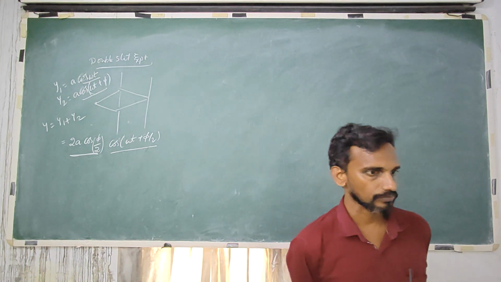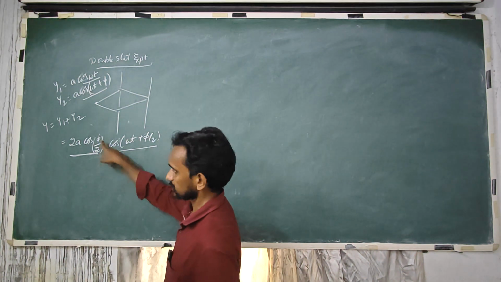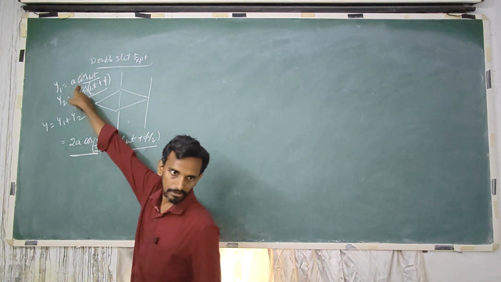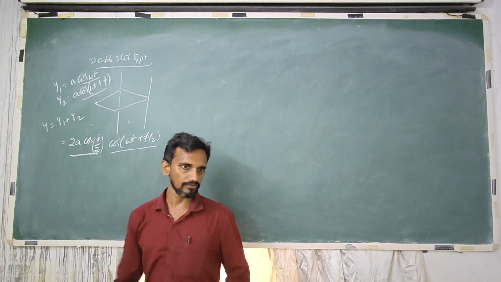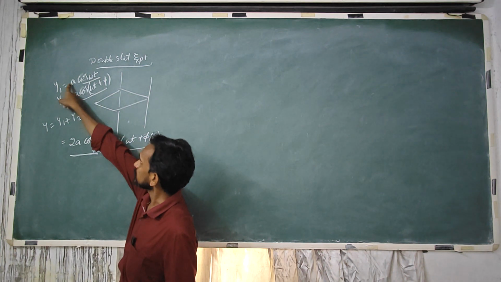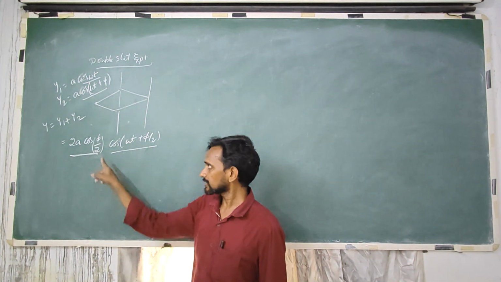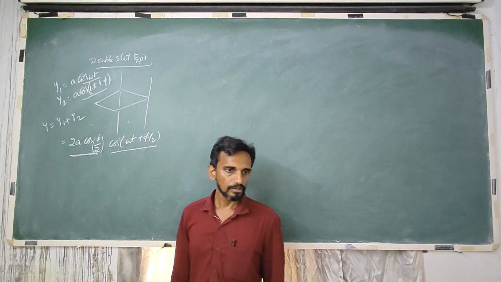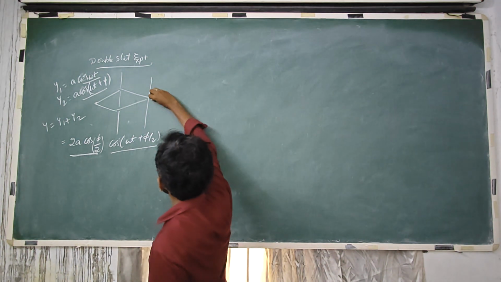So the amplitude is now oscillating. Here the amplitude is constant. Amplitude means the maximum height that a wave can go. So in both the incoming waves, the amplitude is constant, whereas for the resultant wave, the amplitude is oscillating.